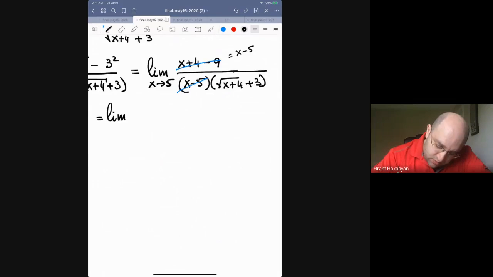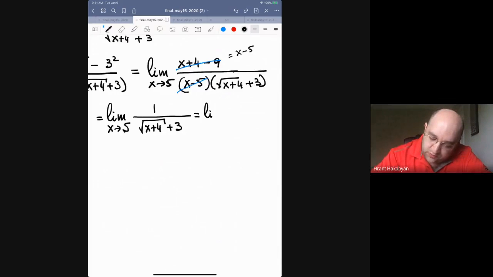limit x going to 5, 1 divided by square root x plus 4 plus 3, which is equal to the limit. Well, I don't have to do limit anymore. All I have to do is plug 5 in here.